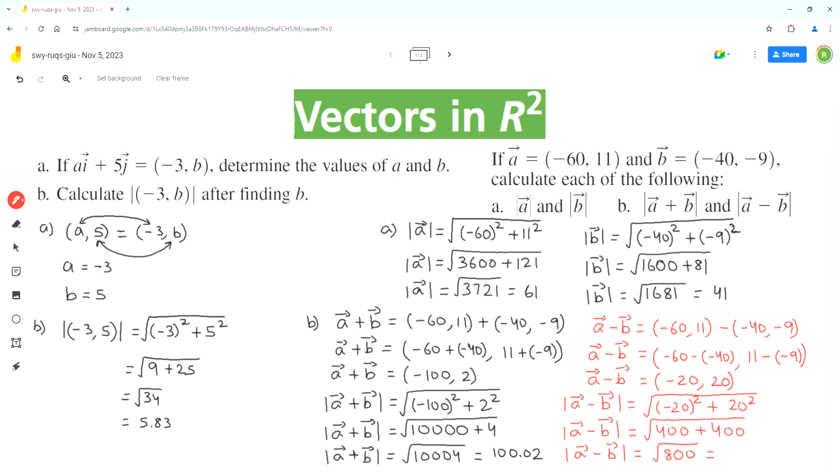And the square root of 800 is equal to 28.28. So I rounded the answer to 2 decimal places. So this should be the final answer for the magnitude of a minus b. So these are the steps you have to keep in mind to solve a problem like this one.